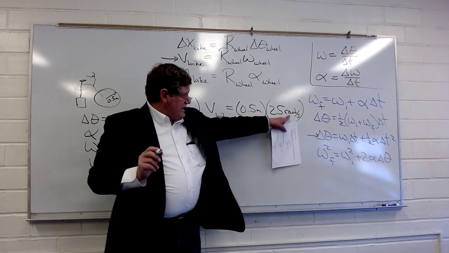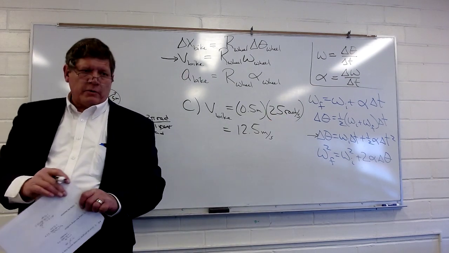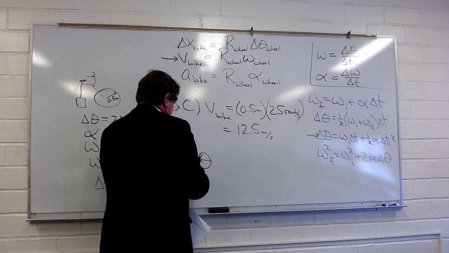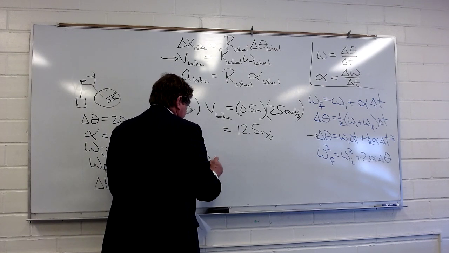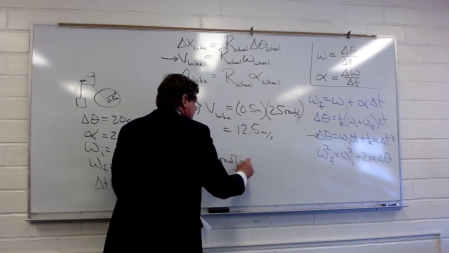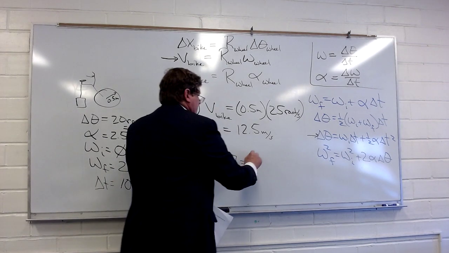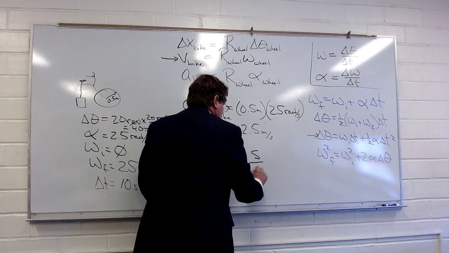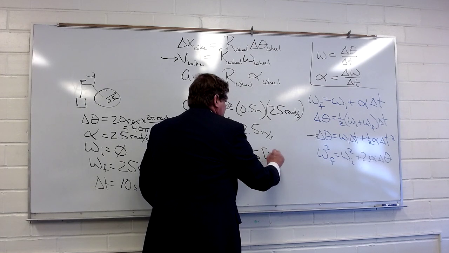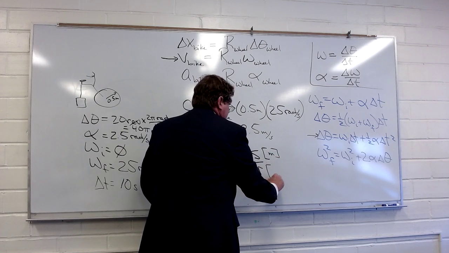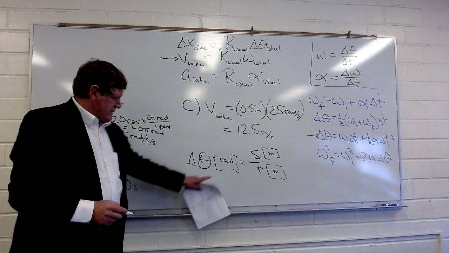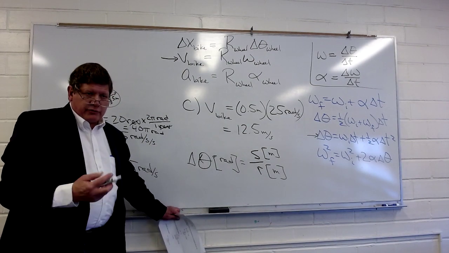Well, what happened to the radian there? Well, you remember that the angle defined in radians is just the arc length divided by the radius. Well, the arc length is measured in meters and the radius is measured in meters, so the radian doesn't have any actual units.